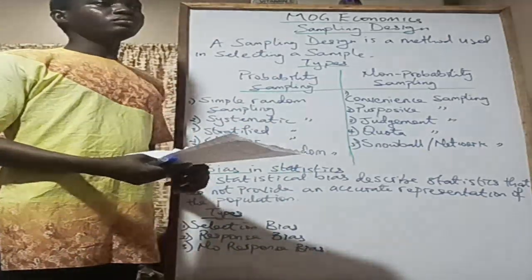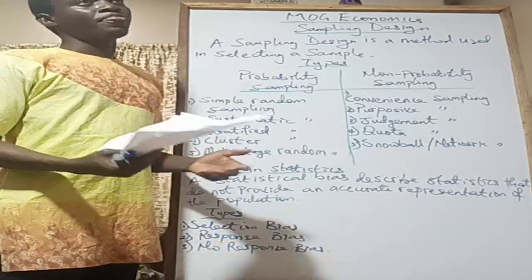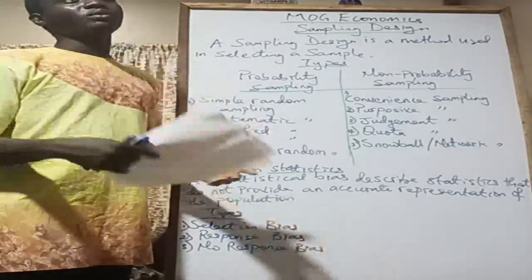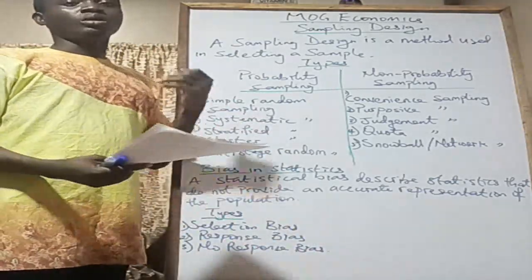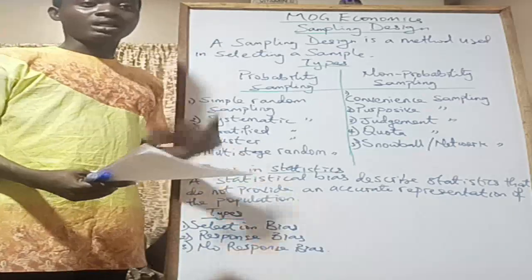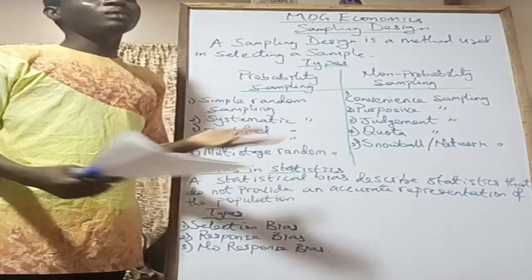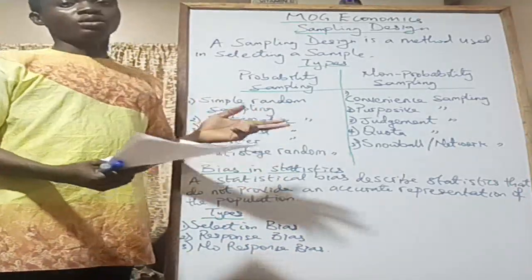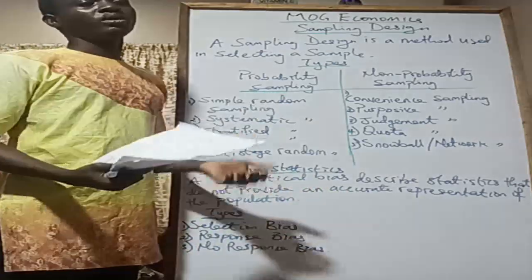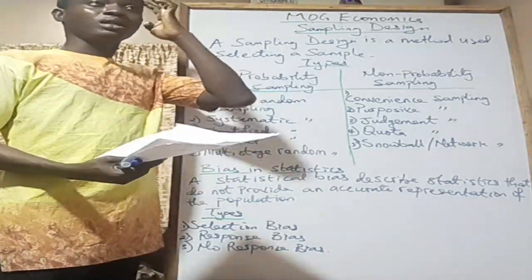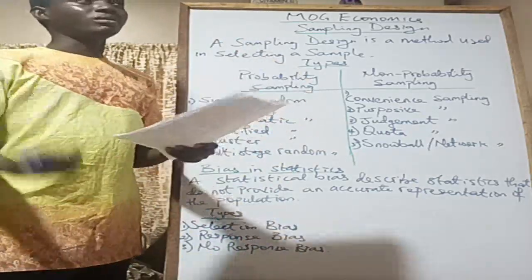So selection bias is the disparity between a research outcome and what the true research outcome is meant to be, based on the selection of a wrong sample. In your sample you'll be having respondents, so when you select respondents whose characteristics are not reflective of the overall population characteristic.